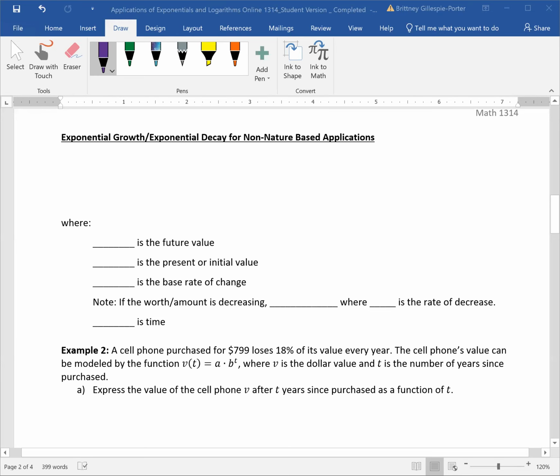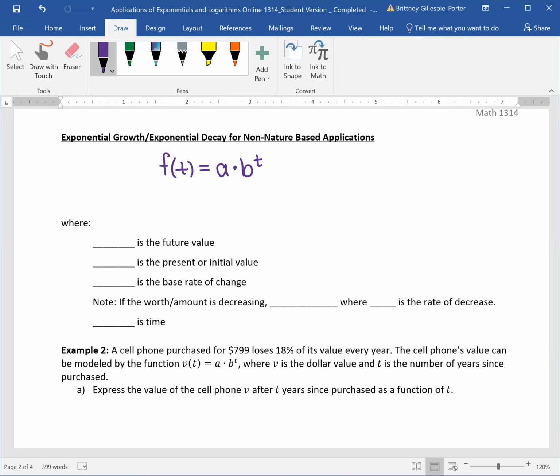In our next couple examples, we're going to talk about exponential growth or exponential decay for non-nature based applications. Okay, our first formula we're going to be looking at is f of t is equal to a times b to the t, where f of t is our future value, a is the present or initial value, b is our base rate of change.